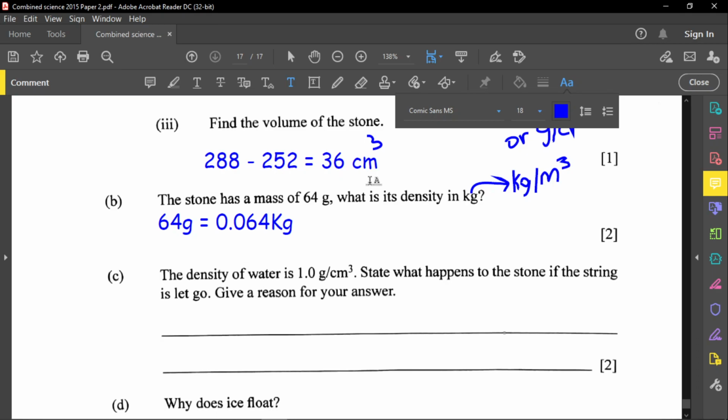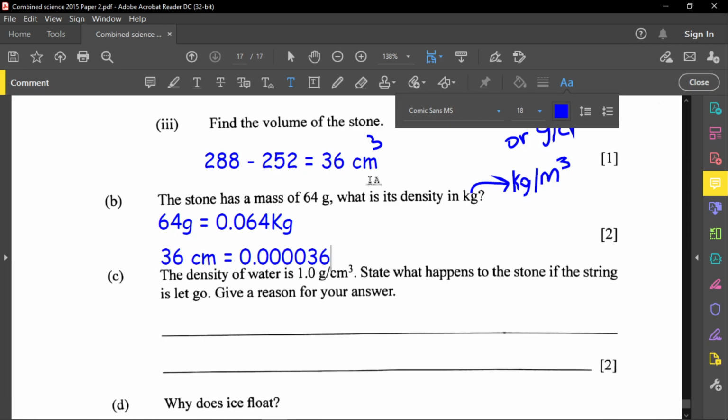So we divide the 36 centimeters cube into meters cube. So we divide by a million. So there you're going to get 0.000, that's 4 zeros because it's going to be to the negative 5, 0.000036.